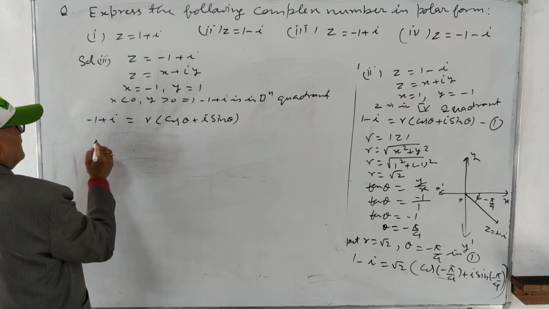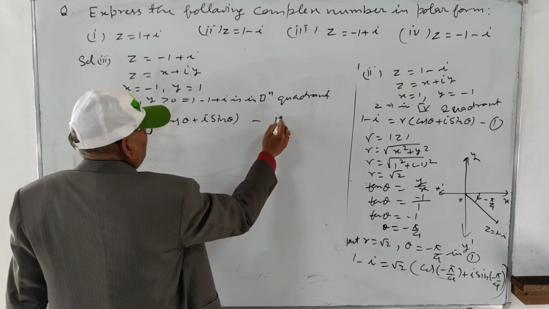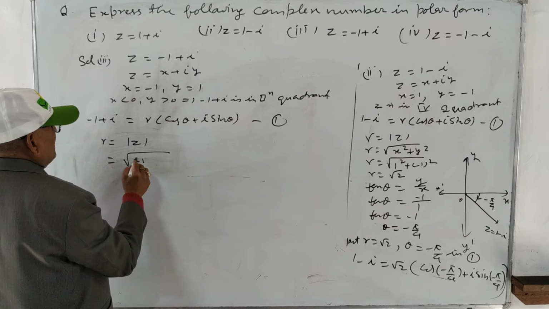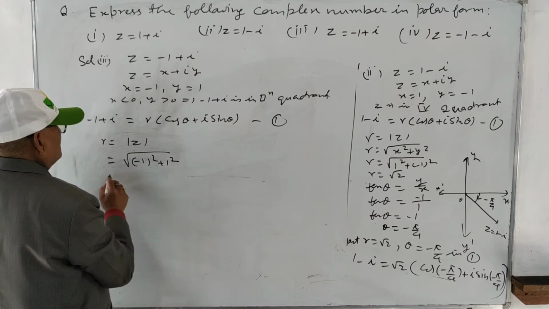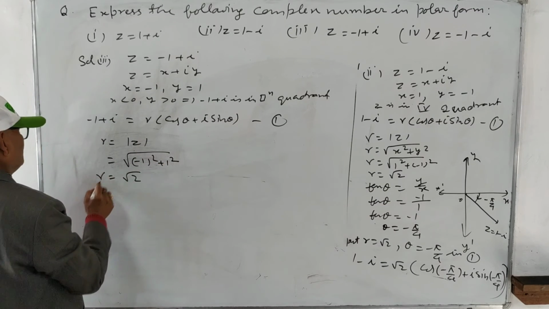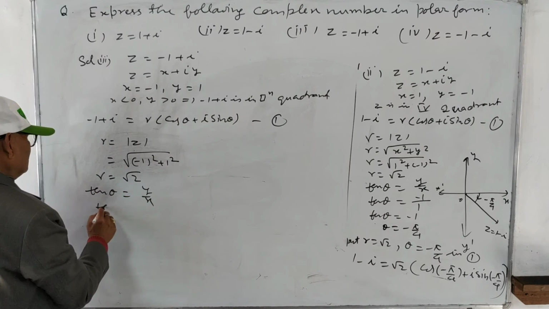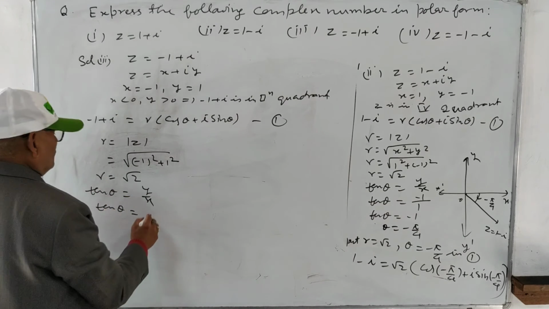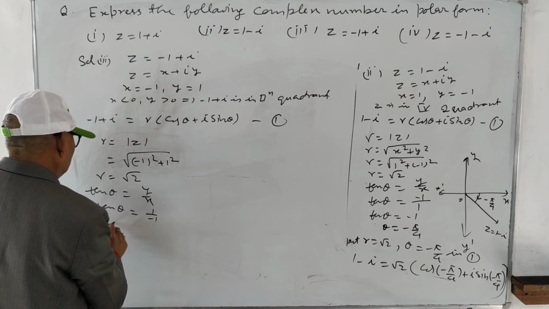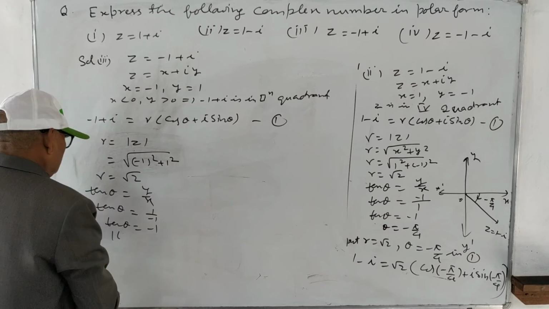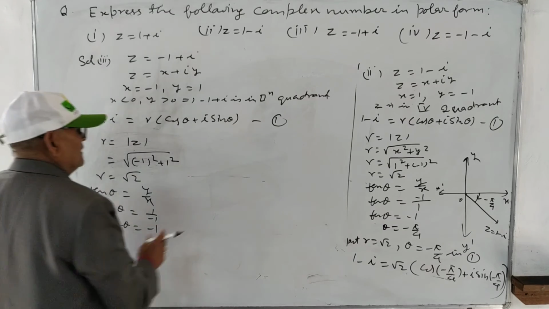This is 1. r equals mod z, that is under root minus 1 square plus 1 square, which is equal to root 2. Now tan theta is equal to y by x, tan theta is equal to 1 upon minus 1, tan theta is minus 1. Mod tan theta is minus 1.